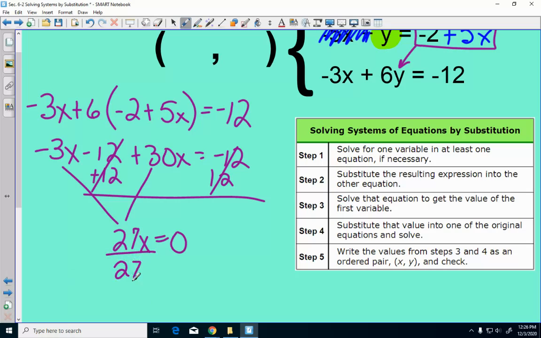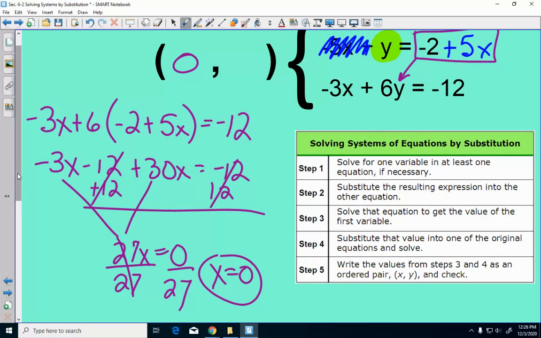Divide both sides by 27. 0 divided by anything is 0. So there's half your answer. Half your answer is guaranteed to be a 0. Then take that response and go right back to the box that you started with.